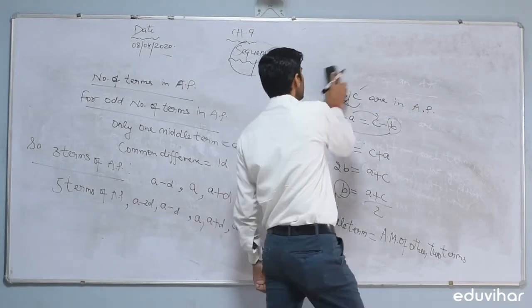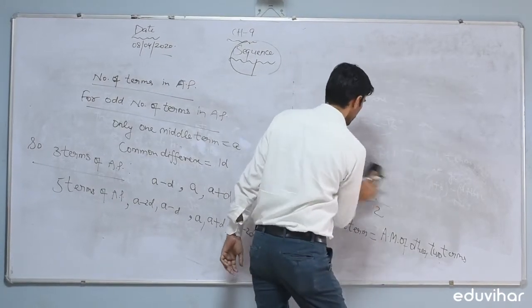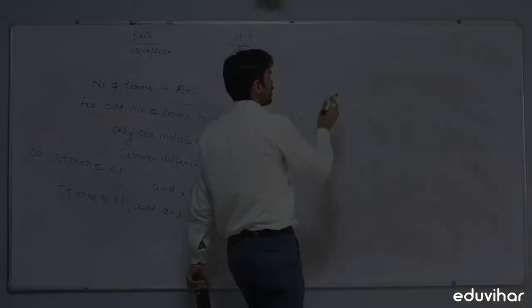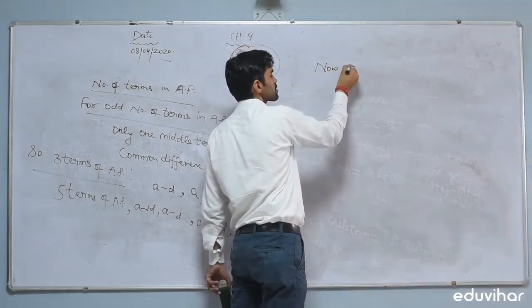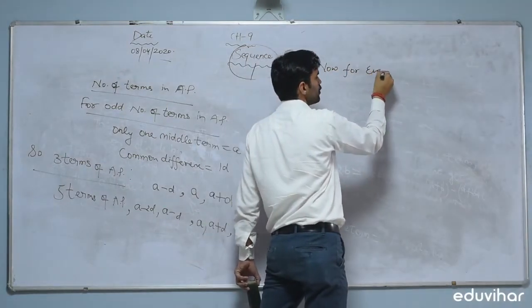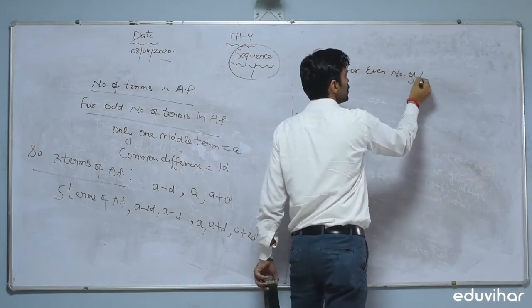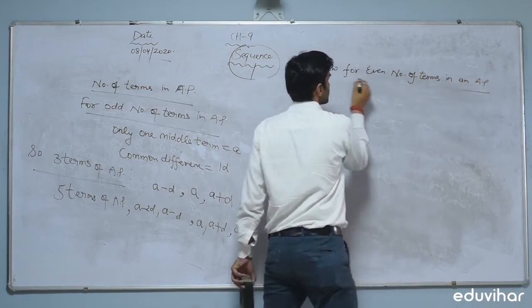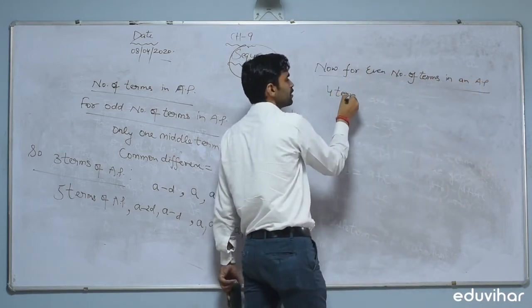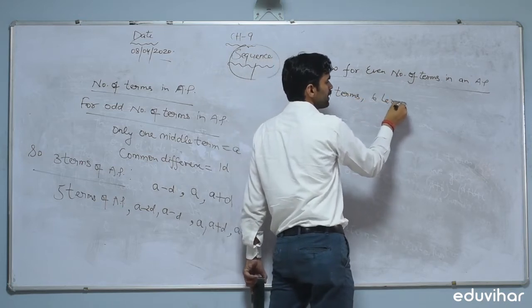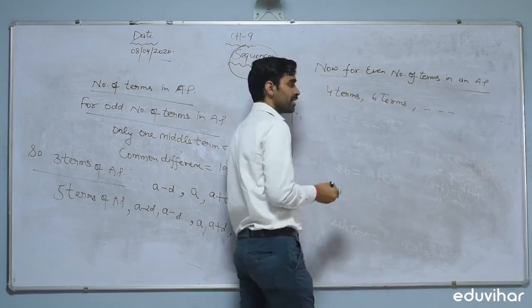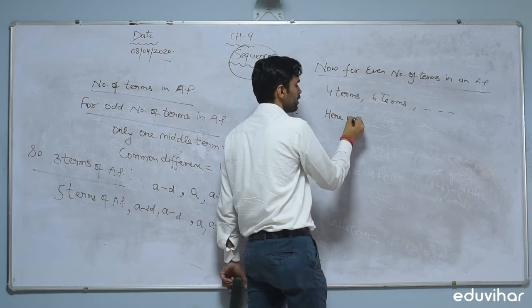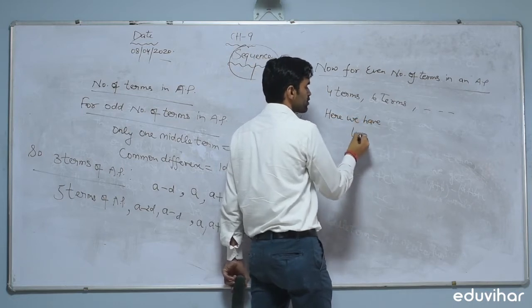Now, for an even number of terms in an AP, consider 4 terms of AP, 6 terms, 8 terms, etc. Here we have 2 middle terms.